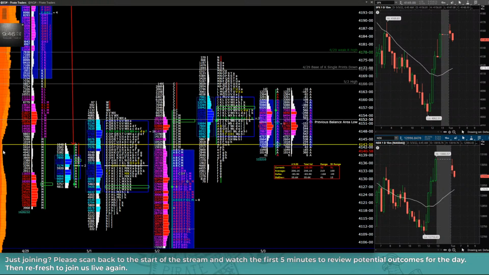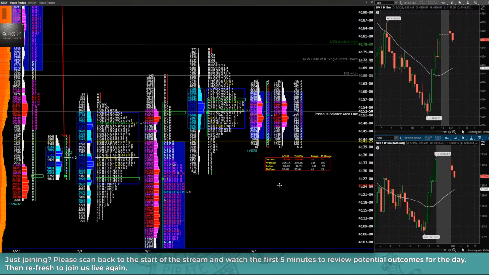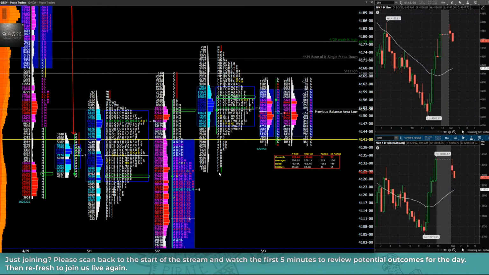All right, sellers starting to take control of the market. First target to the downside, the overnight low. Lots of support in there, but we should be able to test it. 41.29.